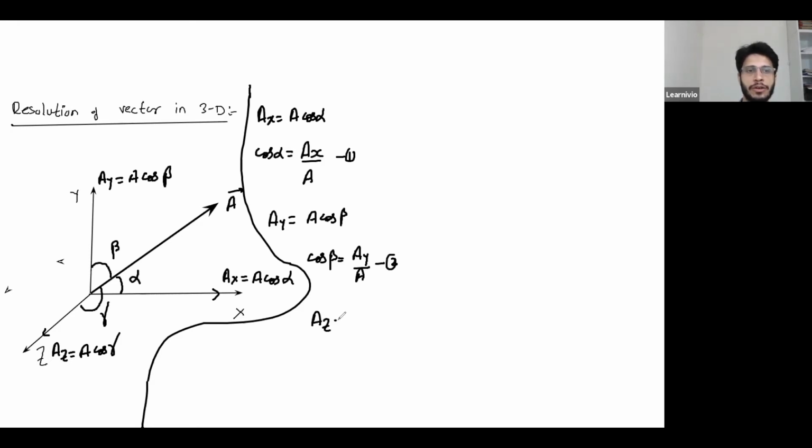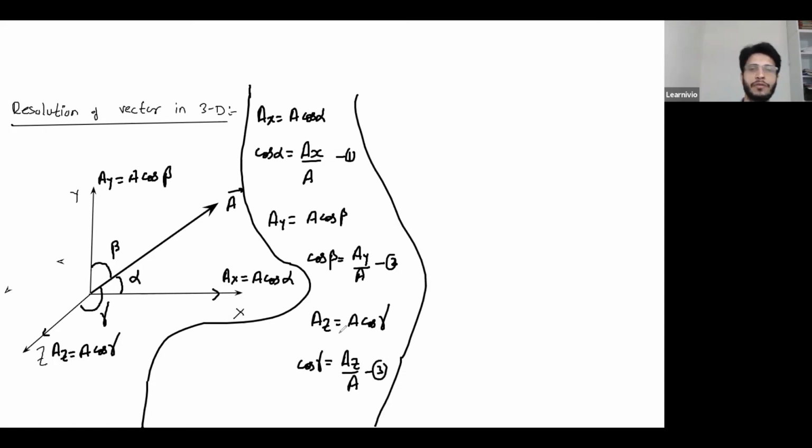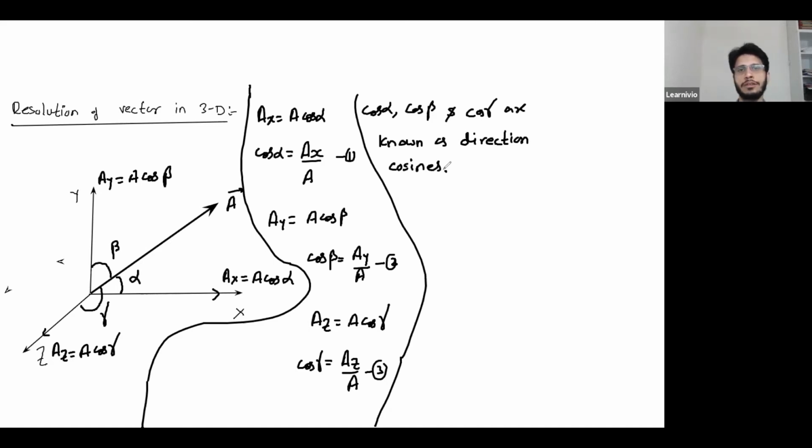Similarly, az is a cos gamma, so cos gamma is az by a. That is equation number 3. This is how we calculate cos alpha, cos beta, and cos gamma, and they are known as direction cosines.